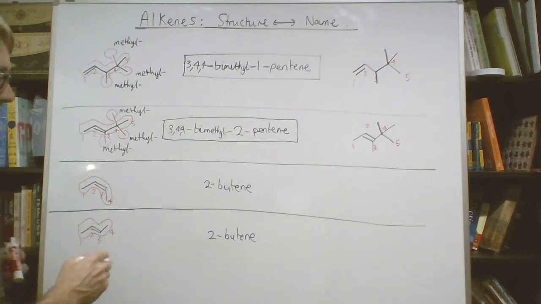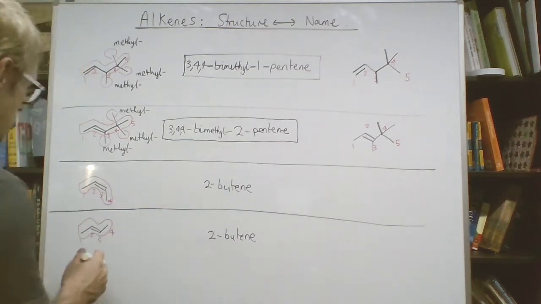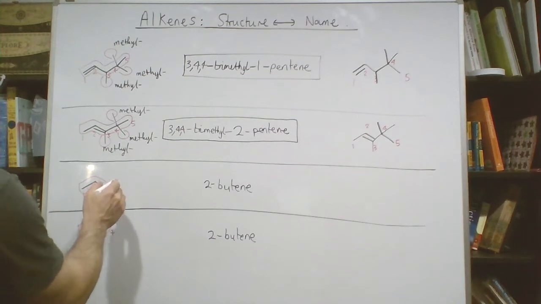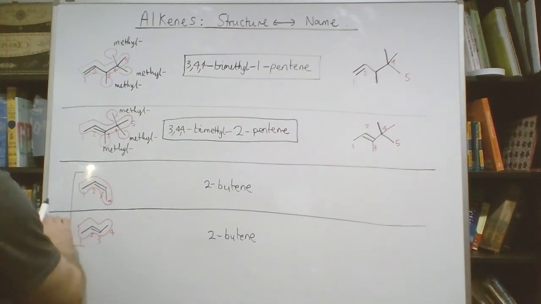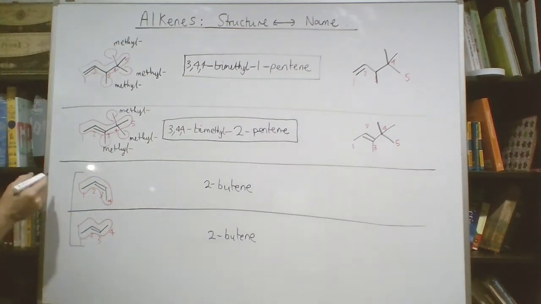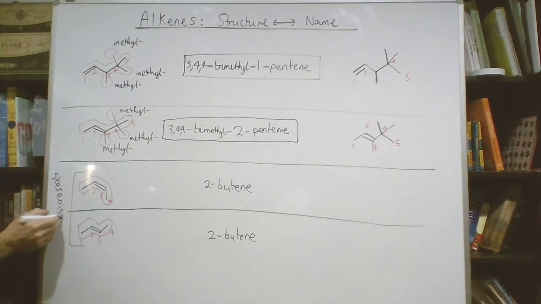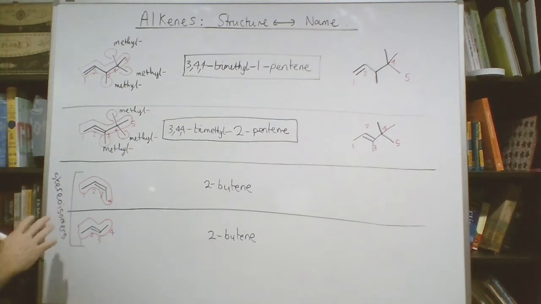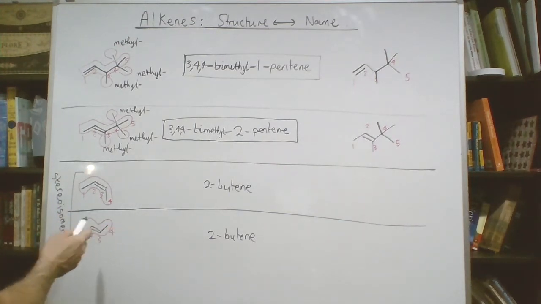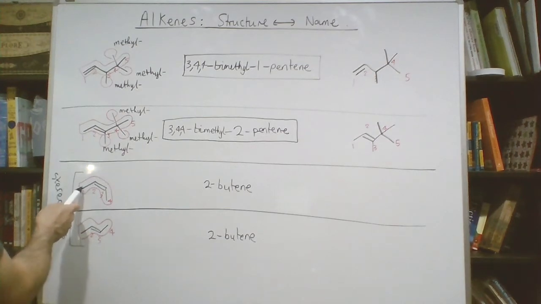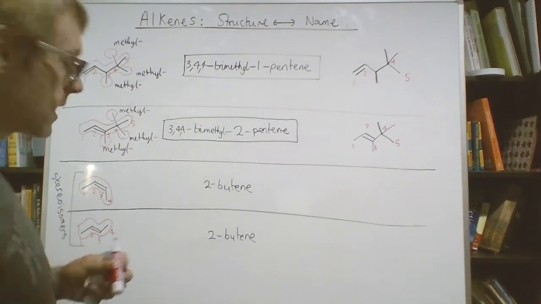I'll do a separate video on stereoisomers. We can write the word here for now. So these are stereoisomers. But again, I'll do a separate video on stereoisomers. So it looks like these two methyls are together on the same side of the double bond.